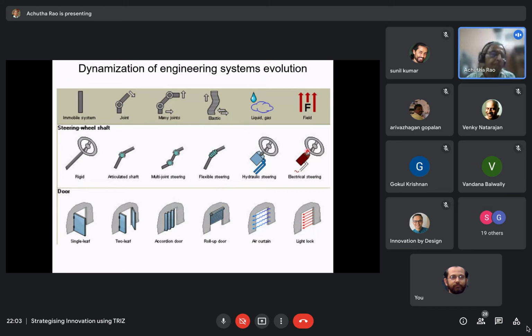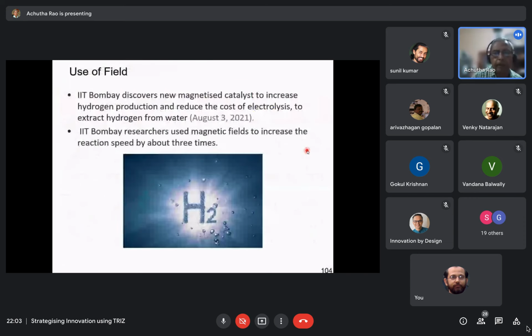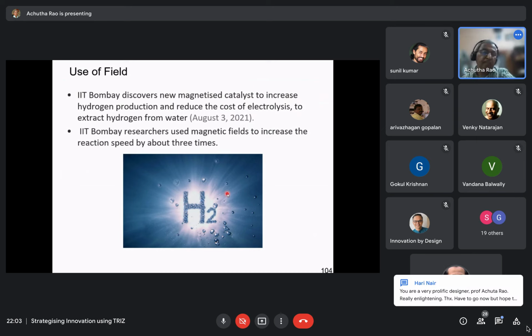This depends upon how much the company is willing to do that. Okay. Three days back, IIT Bombay discovered a new magnetized catalyst to increase hydrogen production. They use magnetic force to improve it and reduce the cost by a third actually. It is 3 times better, faster. So this is the power of using fields.